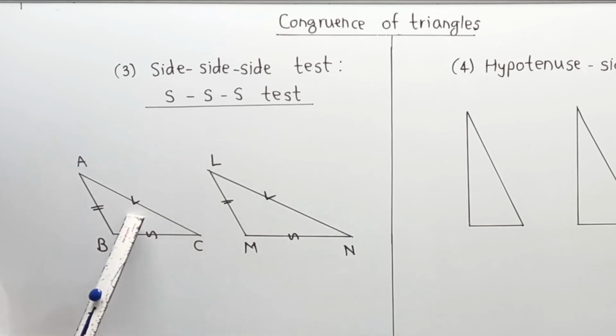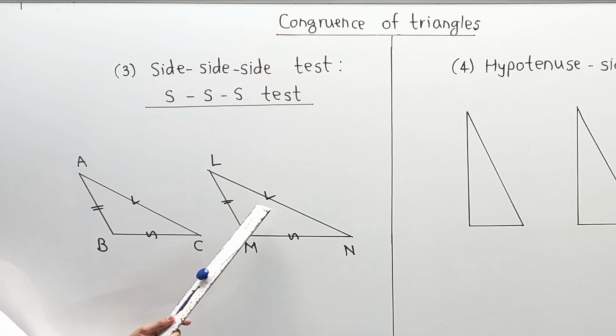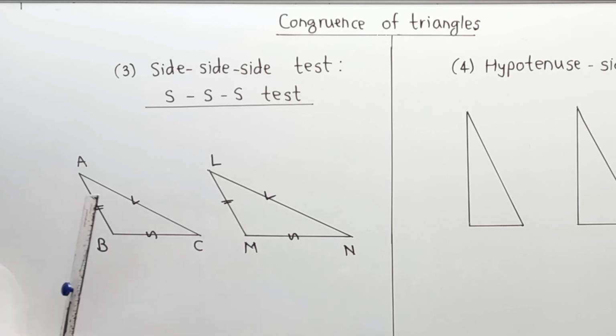Means all three sides of the first triangle are exactly congruent with all three sides of the second triangle. You can also say vice versa, all three sides of the second triangle are congruent with all three sides of the first triangle.